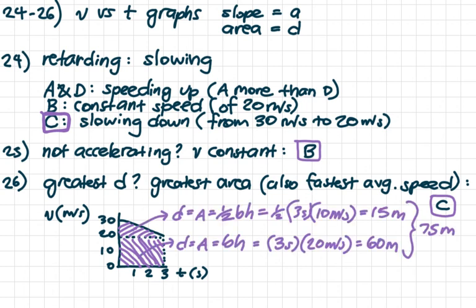Altogether, car C went 75 meters. Car B went 60 meters. Car A went 45 meters with base times height. And then D, I'm not going to do that in my head, but I can see that it has a lower average speed than C, so D was definitely less than 75 meters. So which object traveled the greatest distance? That would be C.